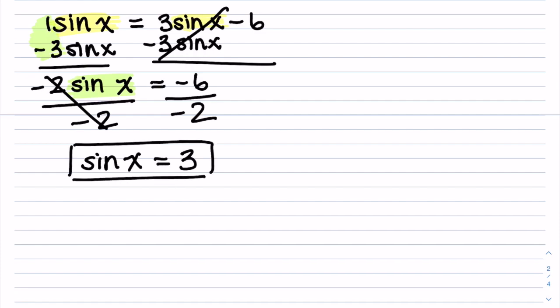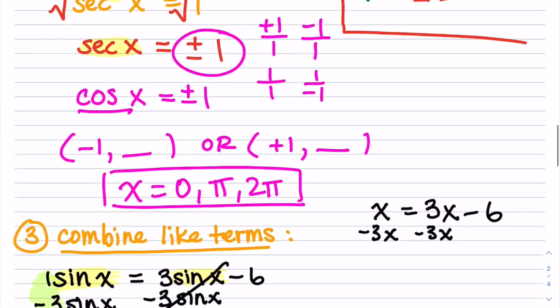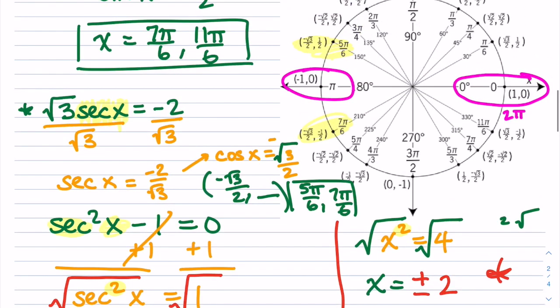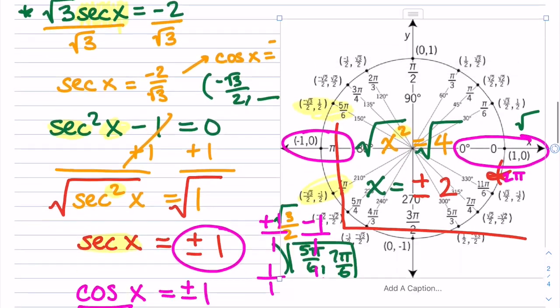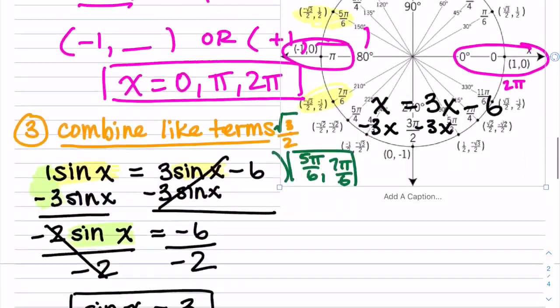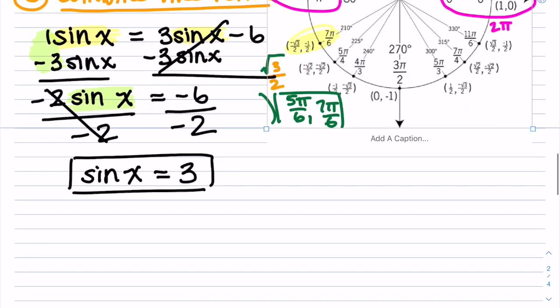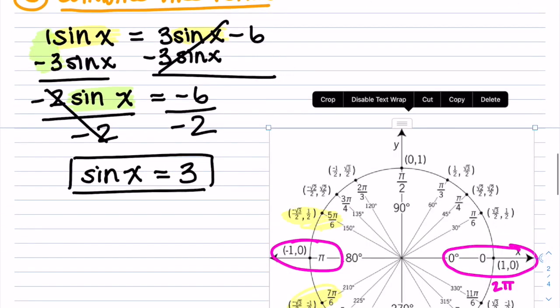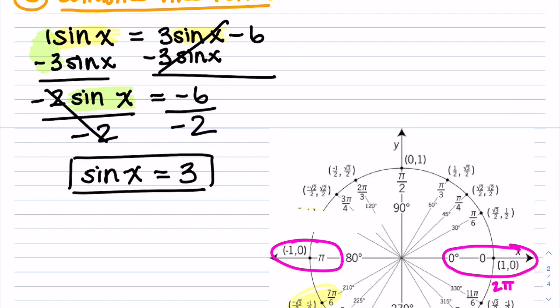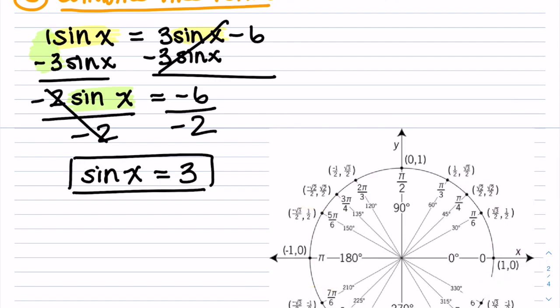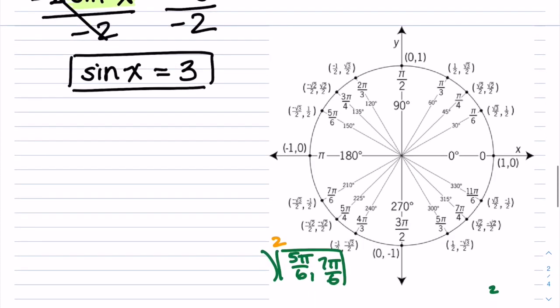Okay, now here's the interesting thing. If we go to the circle, let me see if I can pull it down here. Okay, so there's the circle. Let me clean it up a bit. So the interesting thing about the circle is, is there a place where you see sine x equal to 3?